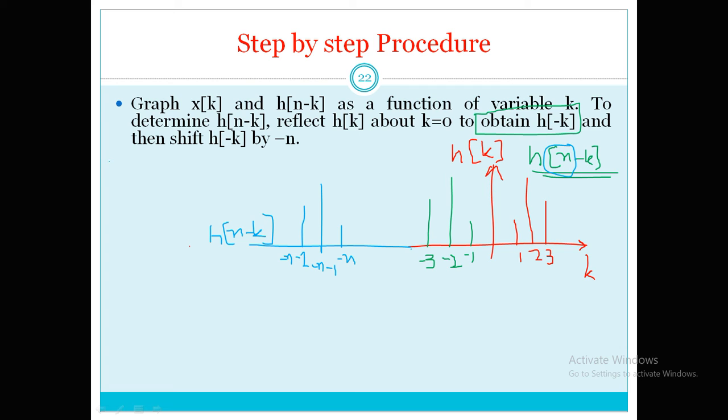So for this, first we need to replace n with k, then we will get h of k, and then we need to reflect that across k equal to 0. Then it will be h of minus k, then we need to shift by minus n. So that will be h of n minus k. So this blue color signal is the final signal.